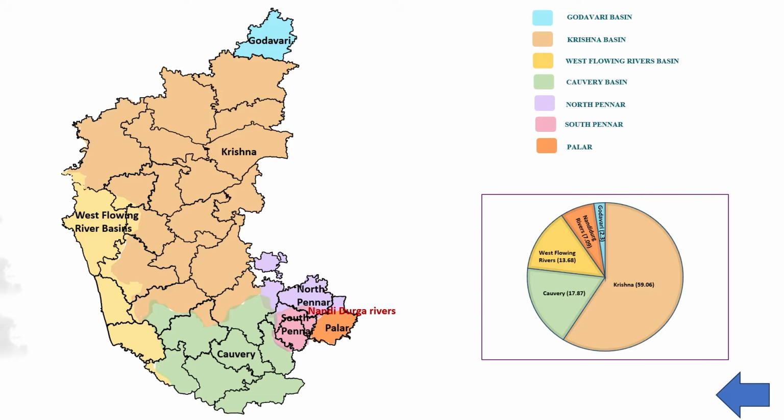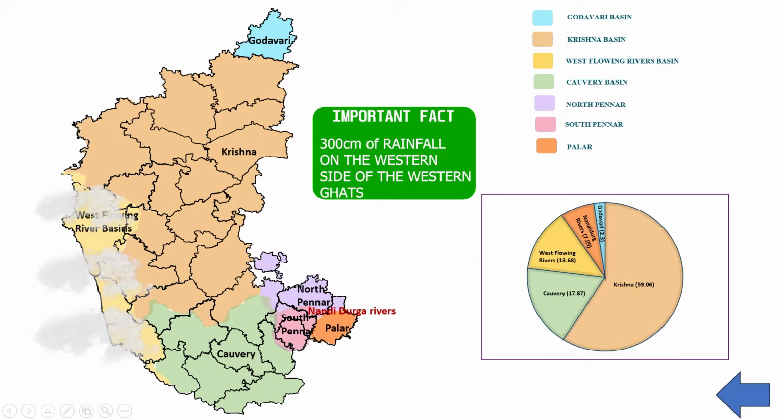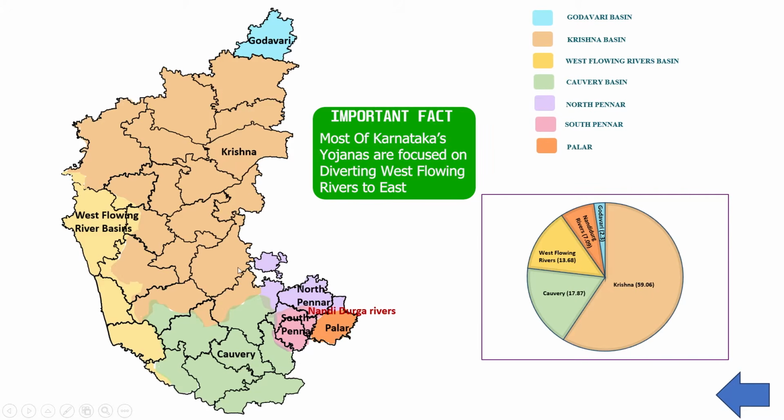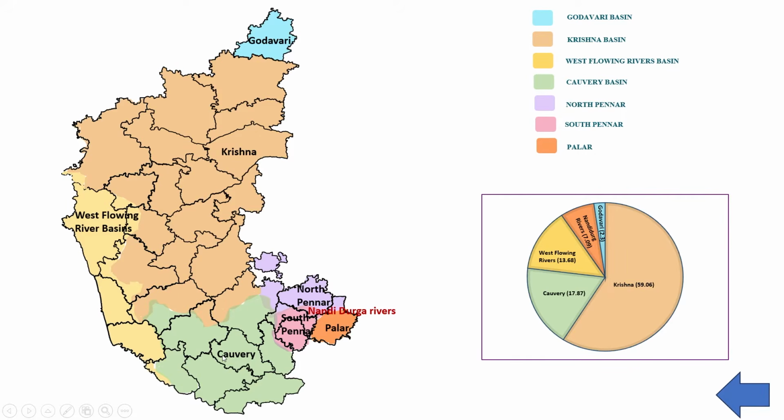So we see that due to southwest monsoon, more than 300 centimeters of annual rainfall happens on the western side of the Western Ghats, due to which we have a lot of surface water. However, most of it drains into the Arabian Sea. That is why some of our yojanas are about diverting some of the water from these west flowing rivers towards east flowing rivers.